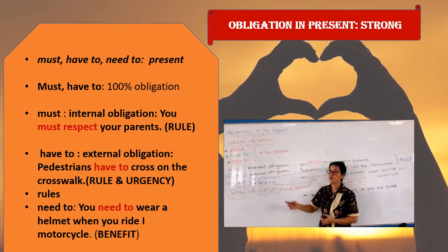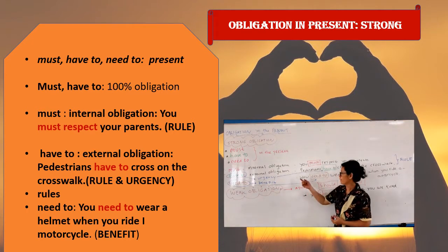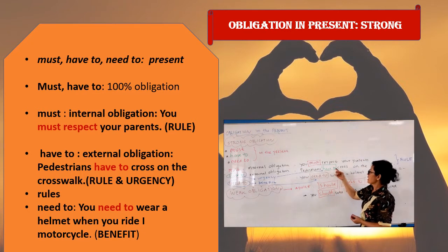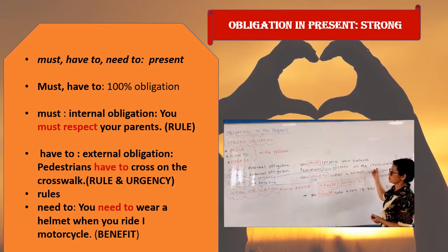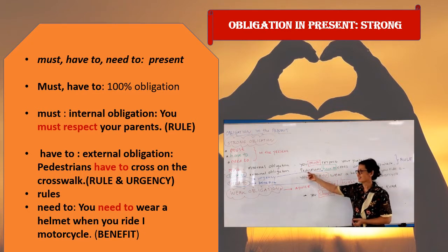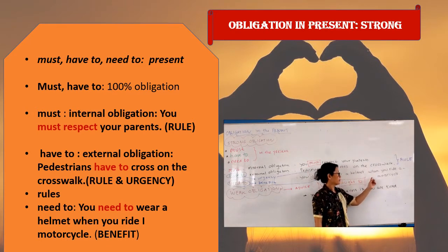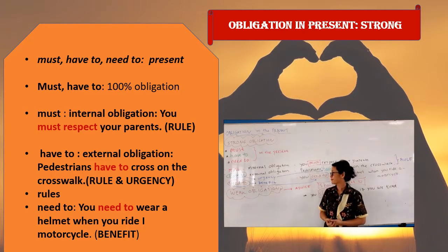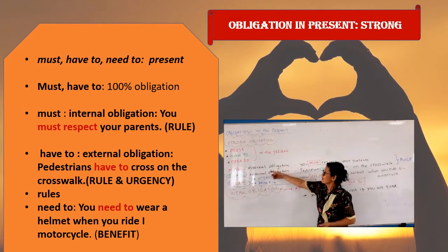Need to is more for benefit, atau keuntungan. So let's see the two of them. Pedestrians have to cross on the crosswalk. So this is urgent, right? Benefit. You need to wear a helmet when you ride a motorcycle. So this is good for you. Ada manfaat, ada benefit. So three of them have each different function. Then they are strong obligation.